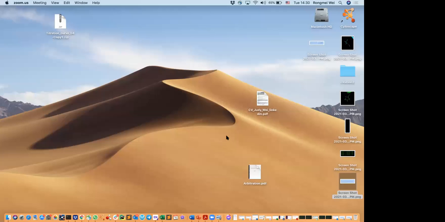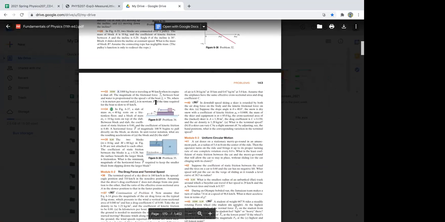33, okay. A 1,000-kilogram boat is traveling 90 kilometers per hour when its engine is shut off. Everyone, I need to share my screen. Okay, this one, make it bigger.